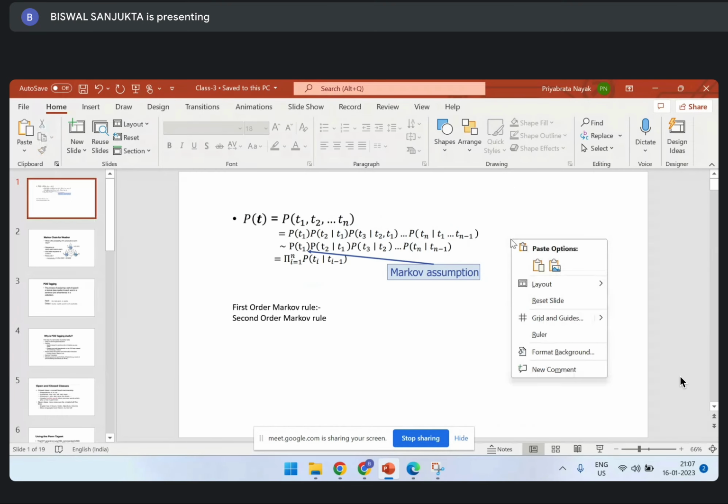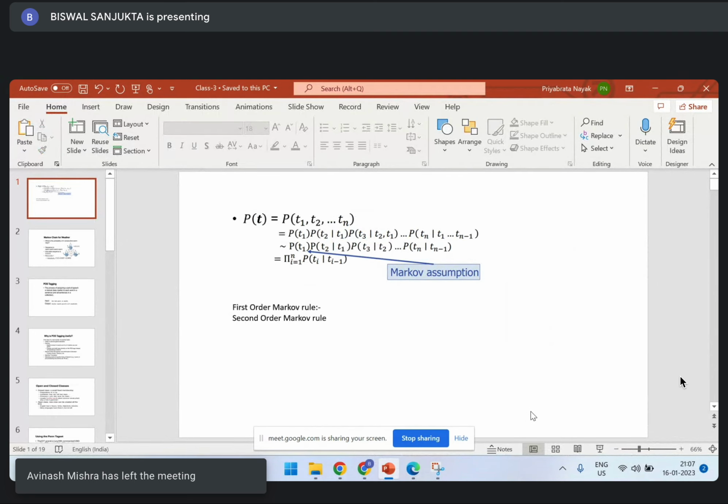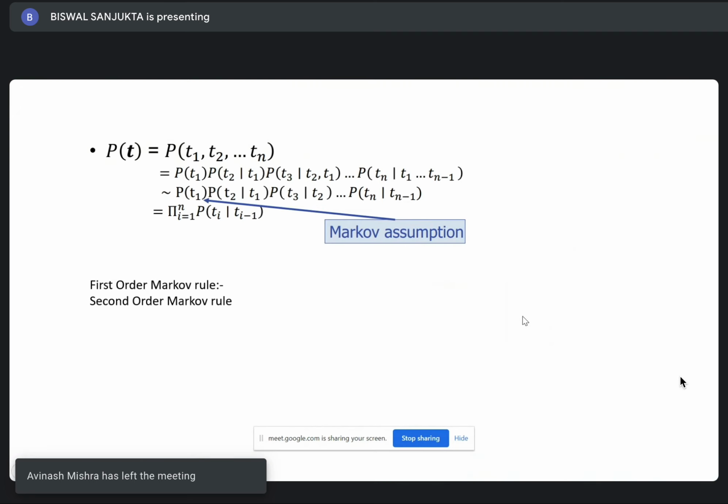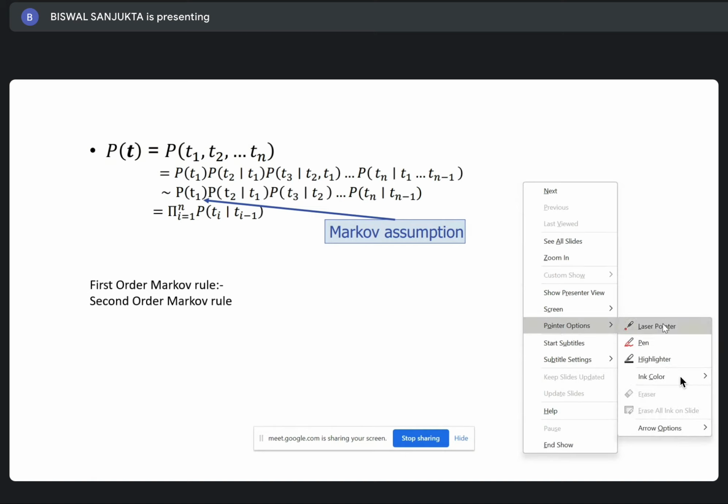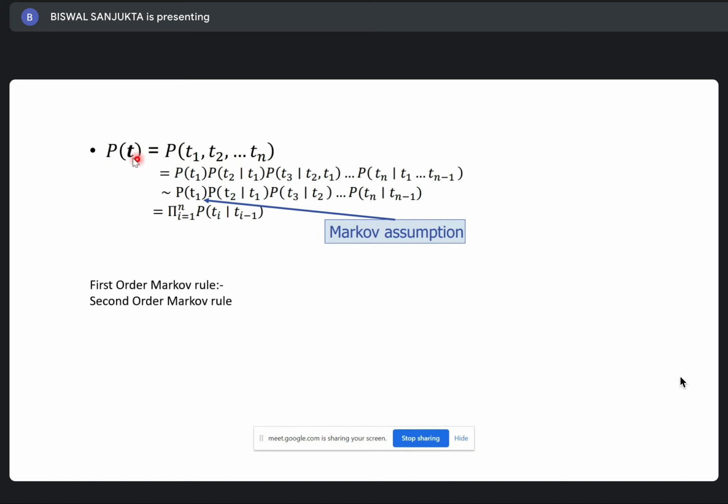So what we are saying here is what we already know from probability. But what the Markov assumption says is that the current state or current event is dependent on just its previous one. If I say just its previous, then it would be the first order Markov rule.